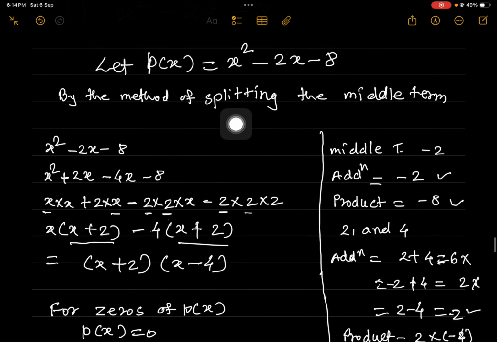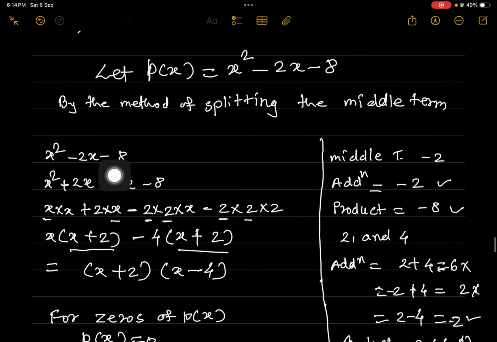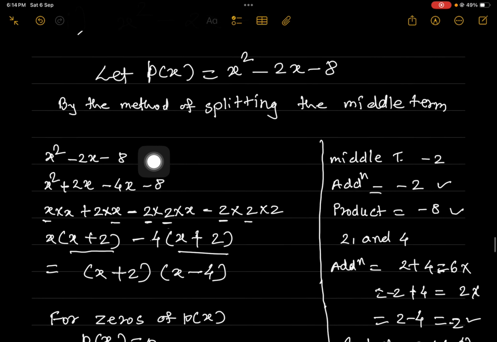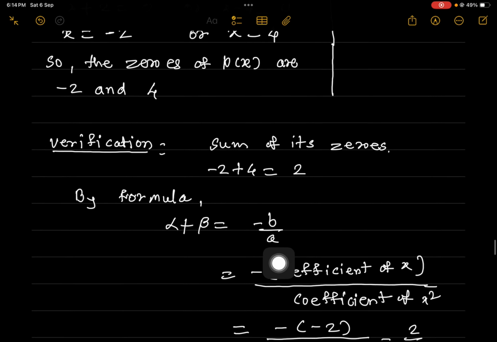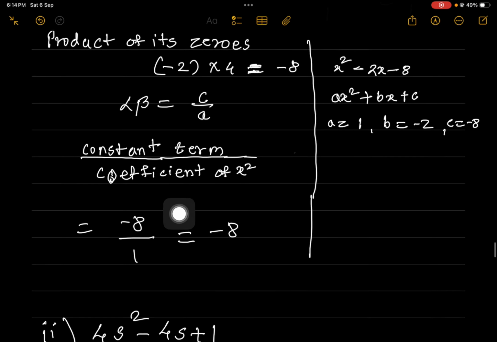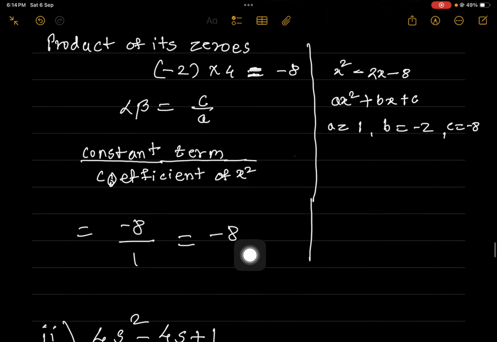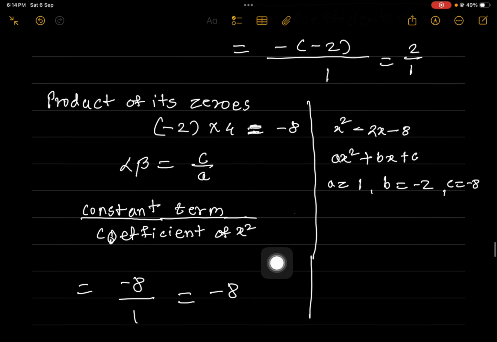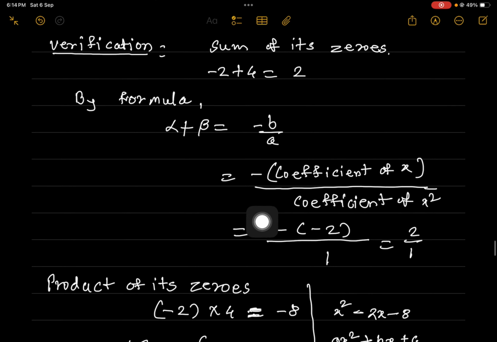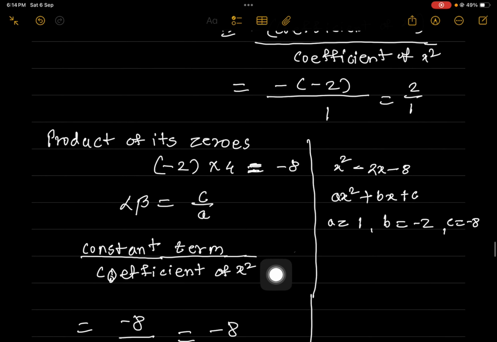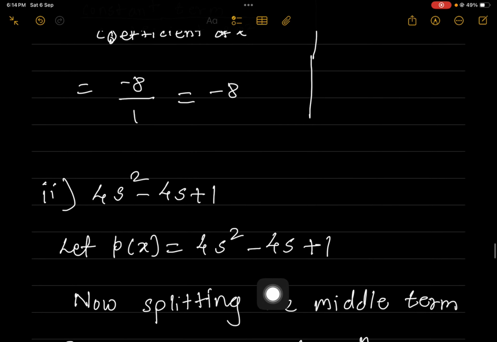See here, in the polynomial, minus 8 is the constant term. We have to use that constant term in this formula, minus 8, and the coefficient of x square is 1, as we already saw. So we verified that.